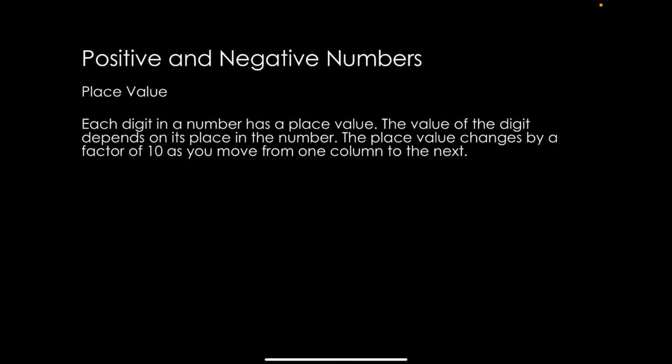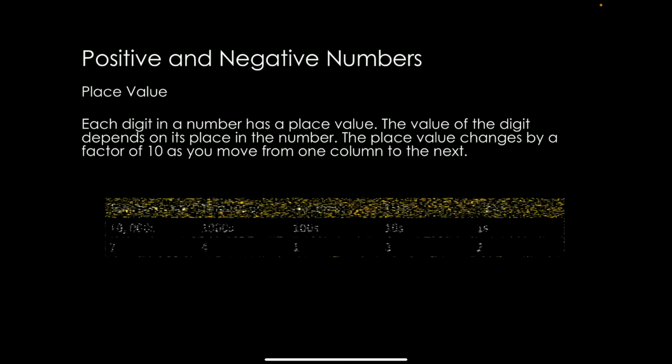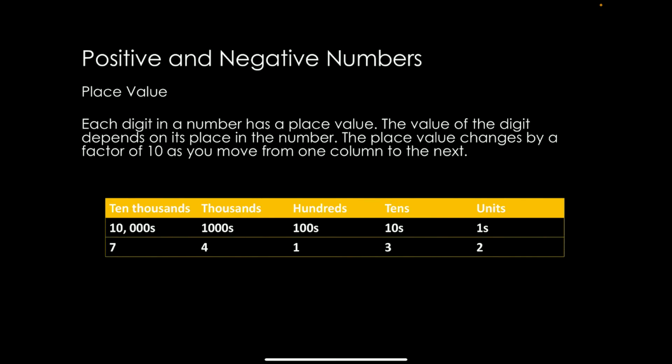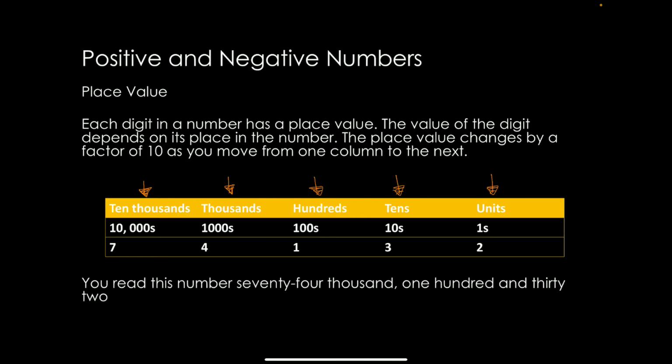Okay, if we look at this example in the place value chart, we can see that we have some numbers written underneath what they represent. So this is the 10,000s column, this is the thousands column, this is the hundreds column, this is the tens column, and this is the units column. So we would read this number as 74,000.